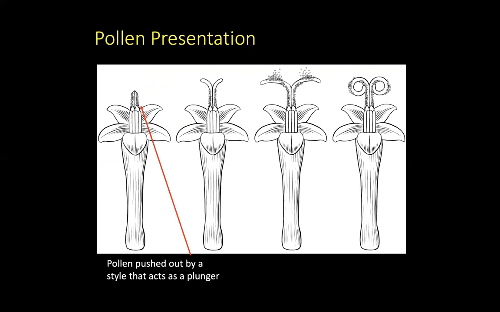Okay, so the pollen can be pushed out by a style acting as a plunger, kind of like it did in the Campanuliids. Here we go, seeing that the self-pollen is kind of on the lower side here, and then pollen from others is deposited on the upper side here.